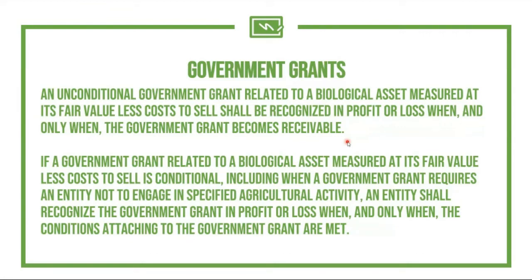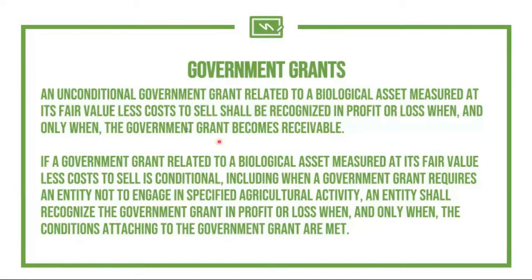So once you already established that the government grant is receivable and you already know the fair value of the horses that you will get, then you can recognize it immediately as a debit to biological asset and a credit to income from government grant.